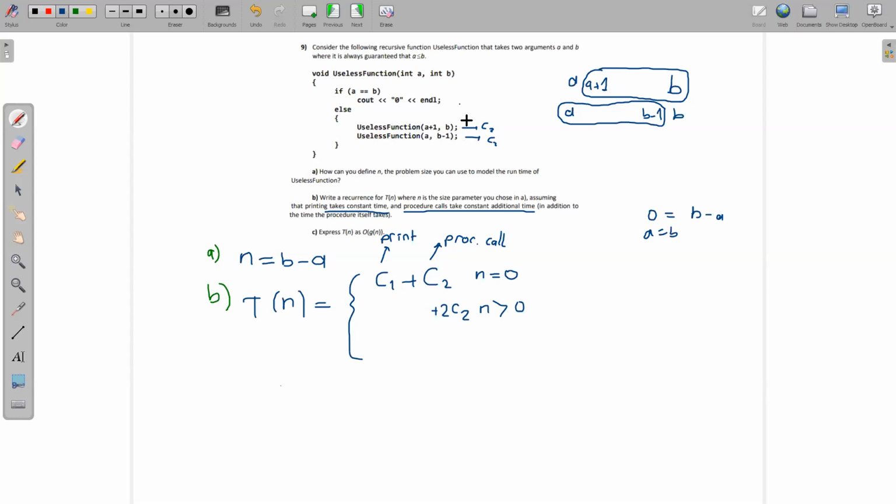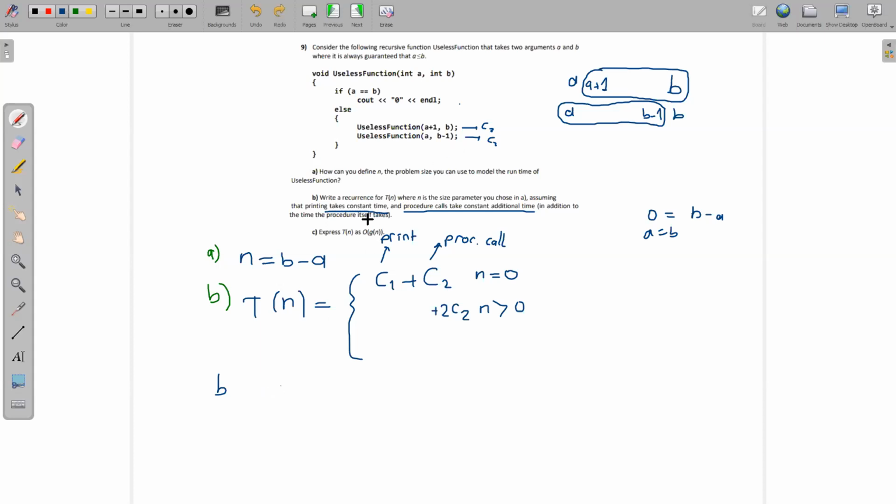as I said, first a plus 1 to the b, and the second one says a to b minus 1. Then their difference, let's see that one, the first one, b minus a, sorry, b minus a minus 1.